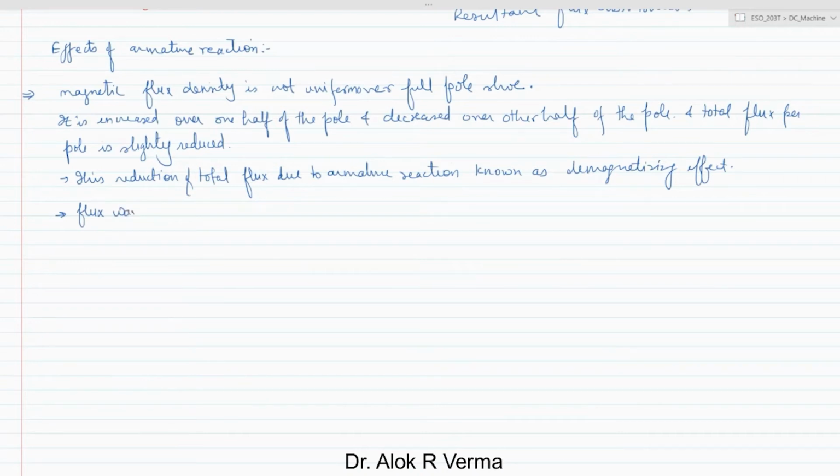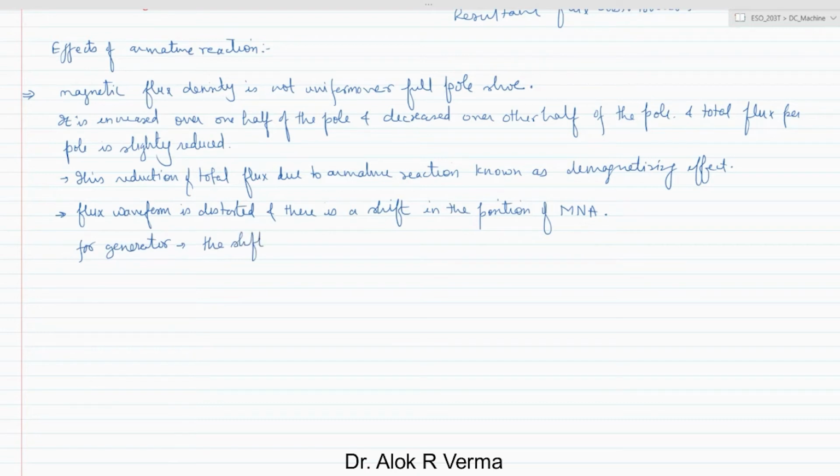The flux waveform is distorted and there is a shift in the position of the magnetic neutral axis. For the generator, the shift is in the direction of rotation.